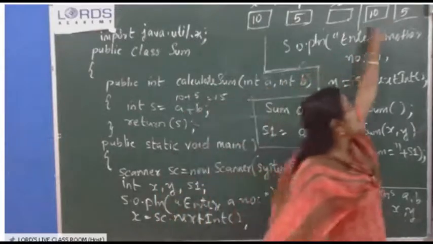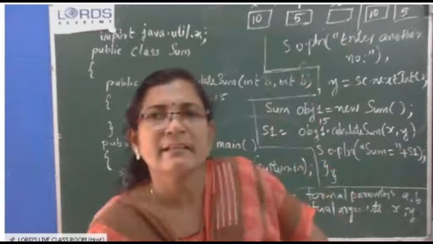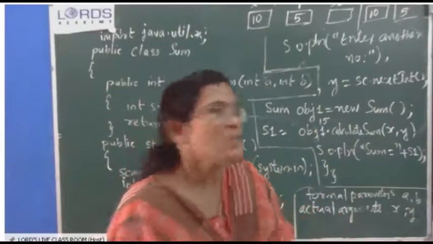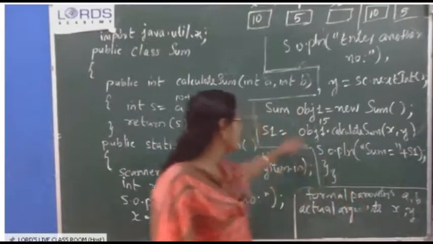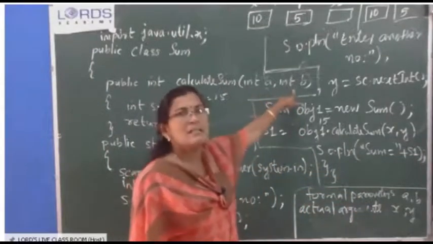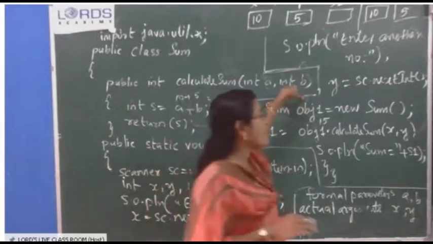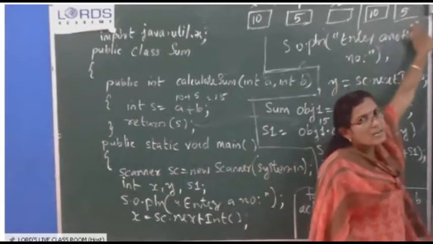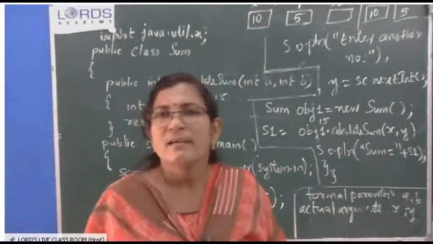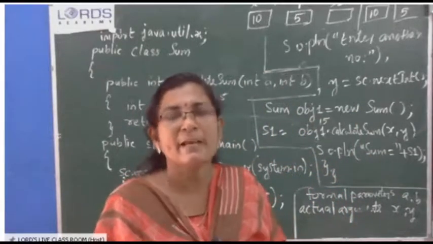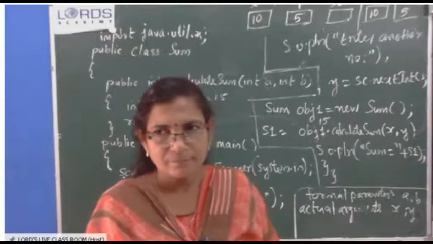They will be alive only when the function is invoked, so they are known as formal parameters. Formal parameters are the parameters declared at the function prototype. They will be created in the memory only when that particular function is called. If the function is not called, formal parameters will not be created in the memory. Is it clear?